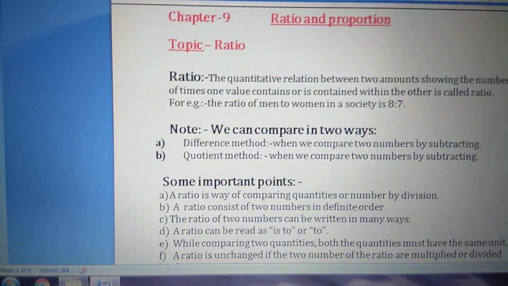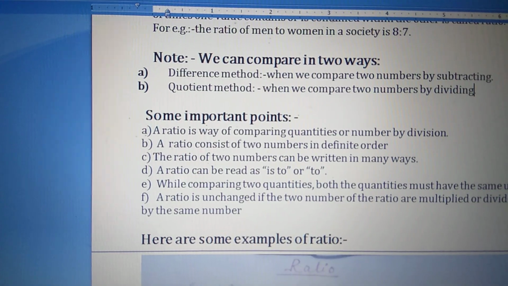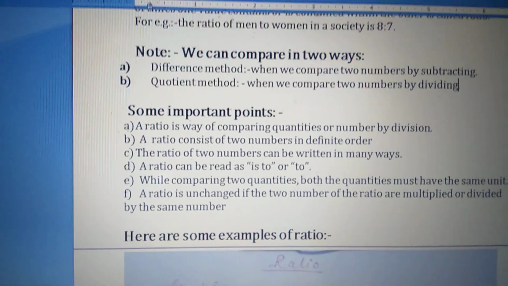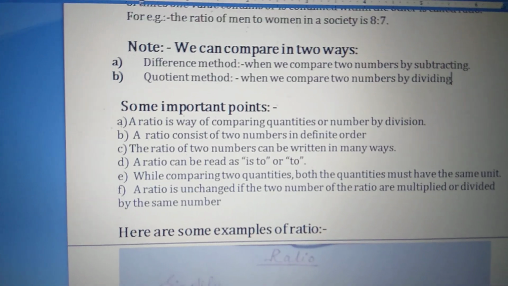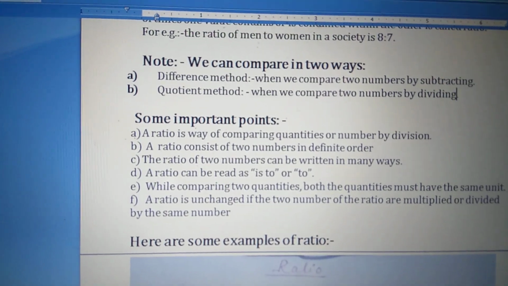Okay? So now let's go to some important points. A ratio is a way of comparing quantities or numbers by division.